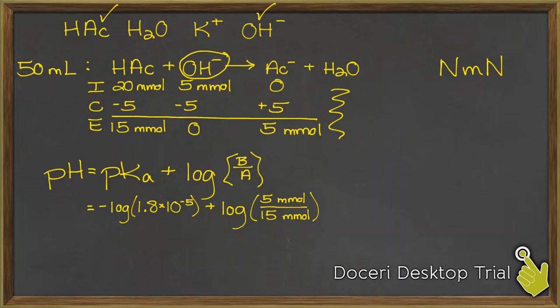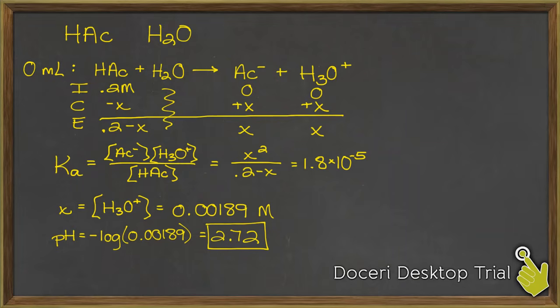All right, and when we do the math here, this is what we get for the pH. Final answer. Now, look at that pH in comparison to the first step of this problem. We started out at a pH of 2.72.